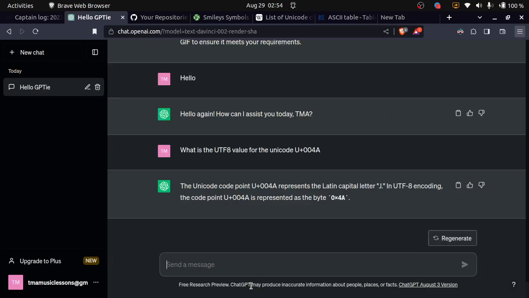The code point is represented as the byte 0x for a. What is? Don't confuse me now. Give me the hex.